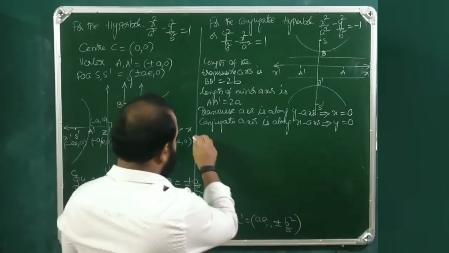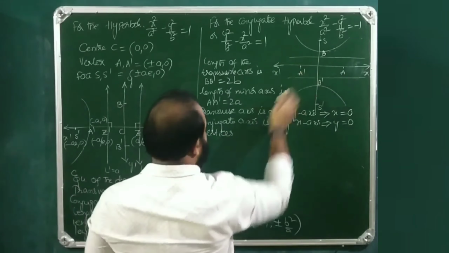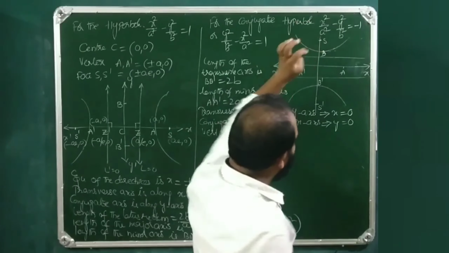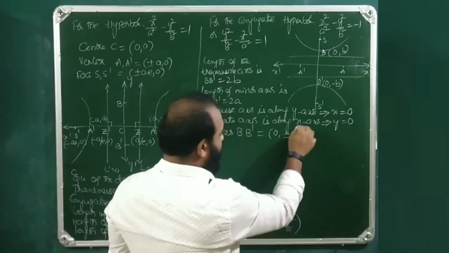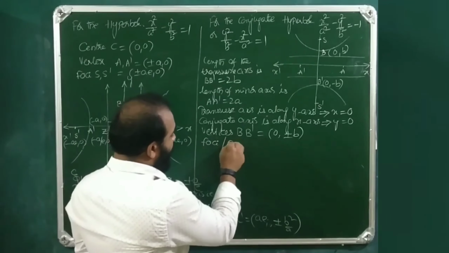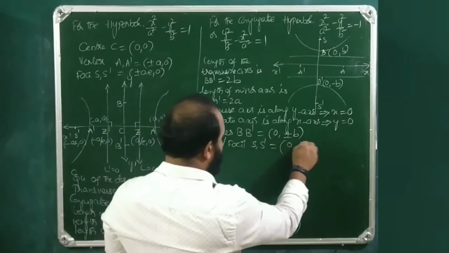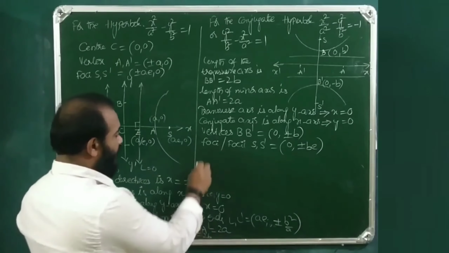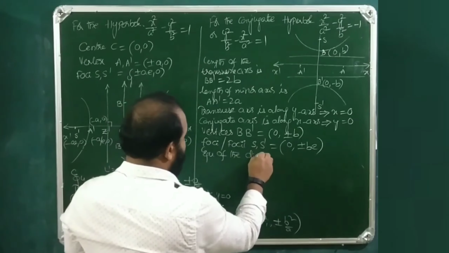Now the vertices B and B dash are 0 comma plus or minus b, and the foci S and S dash are 0 comma plus or minus be. Now the equation of the directrices.